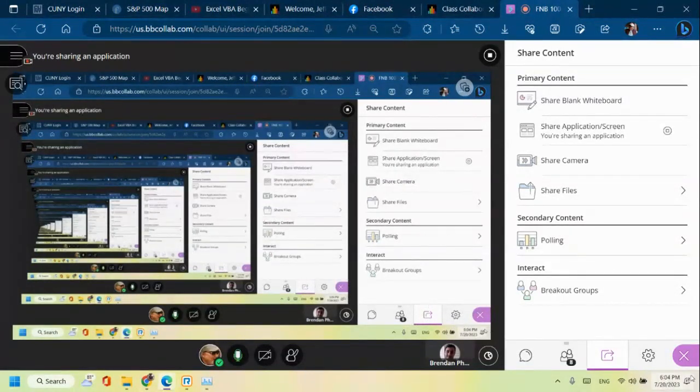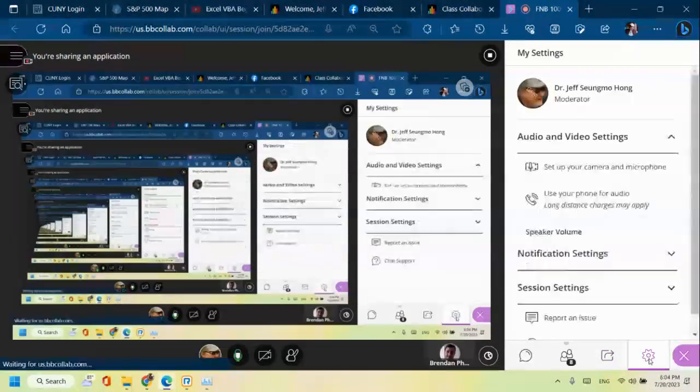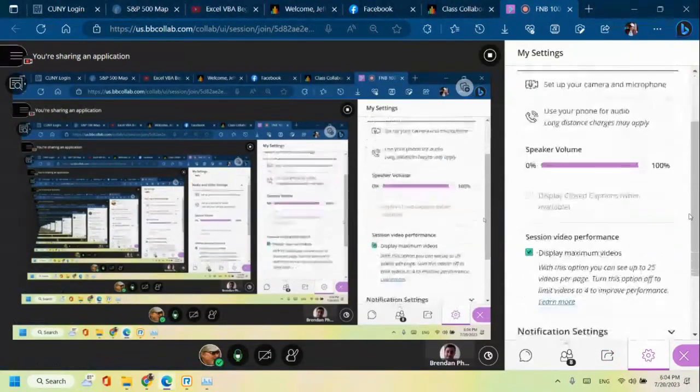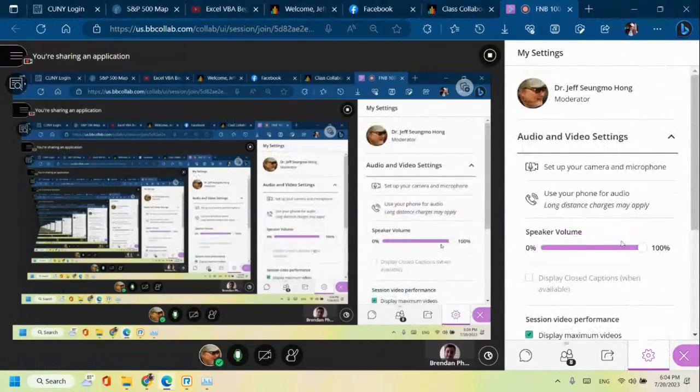I just want to show you how to set your profile picture, because you see the gear icon here, right? If you click on that, you can double click or just single click, and if you click on it, you can drag and drop your picture from your computer or from the mobile device.